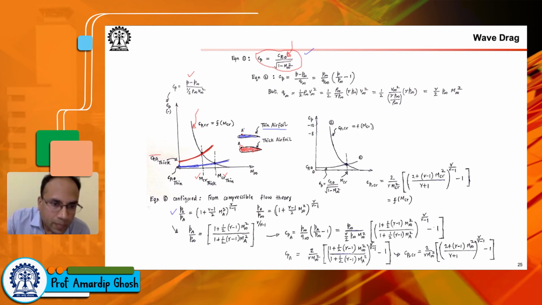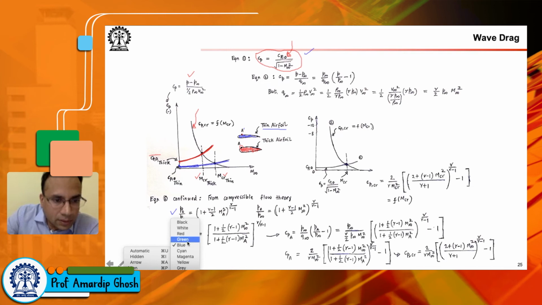We do not want to get into the details of this, but at this point, I just want to explain how we get this curve. Once you get this curve, let me just change the color of this curve to green. Okay, so I'm now talking about how to get this red and blue curve.